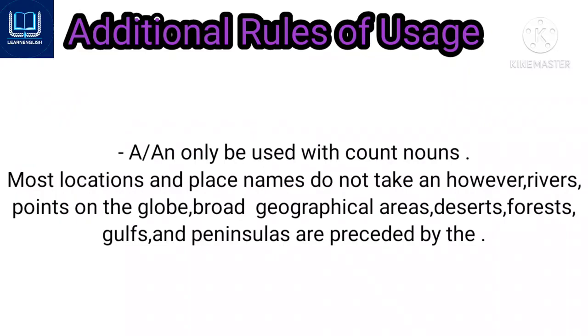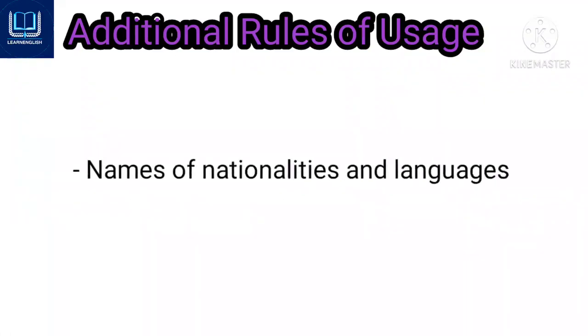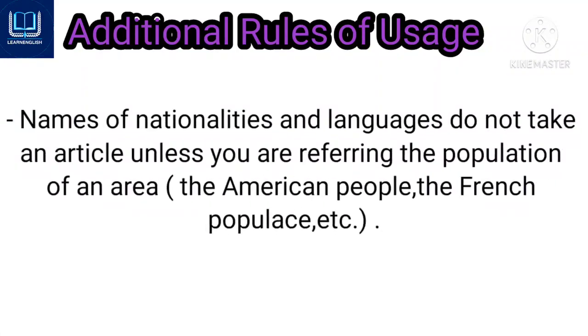However, rivers, points on the globe, broad geographical areas, deserts, forests, gulfs, and peninsulas are preceded by the. Names of nationalities and languages do not take an article unless you are referring to the population of an area, the American people, the French populace, etc.